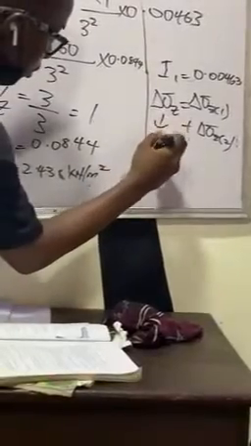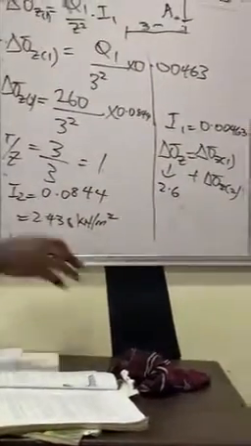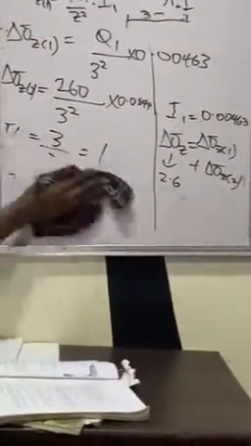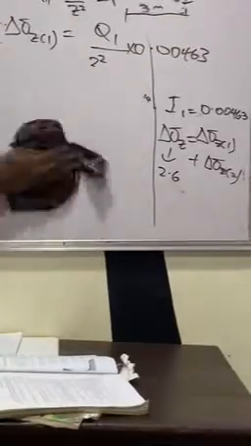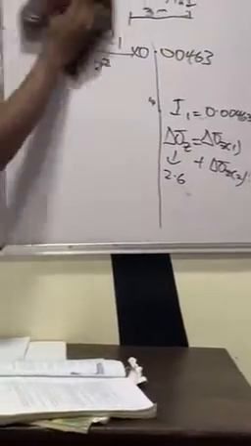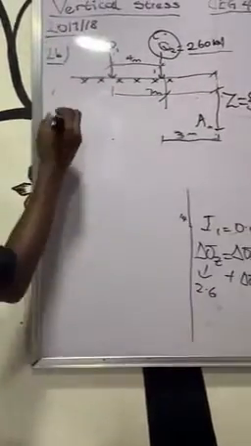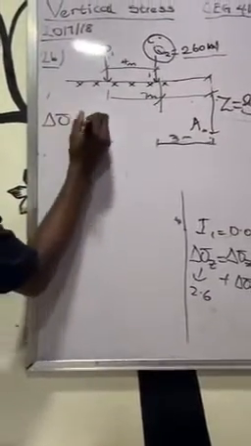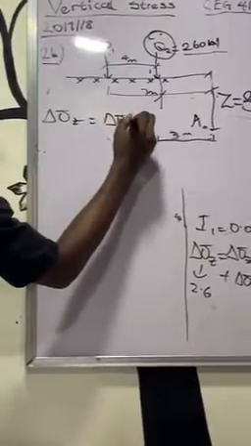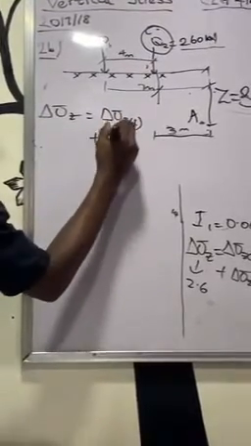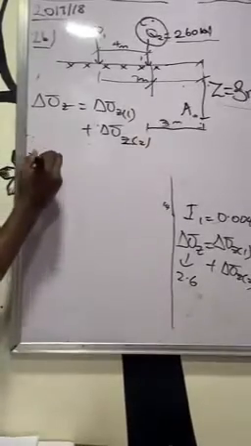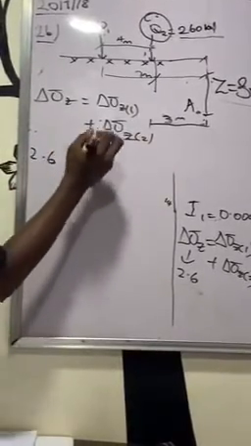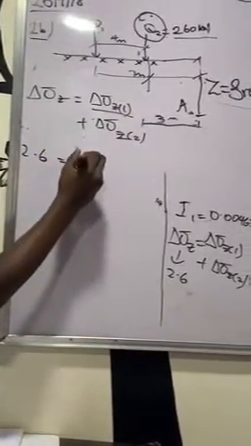So if we have this to be 2.6, we don't have this, so let's just call it x.